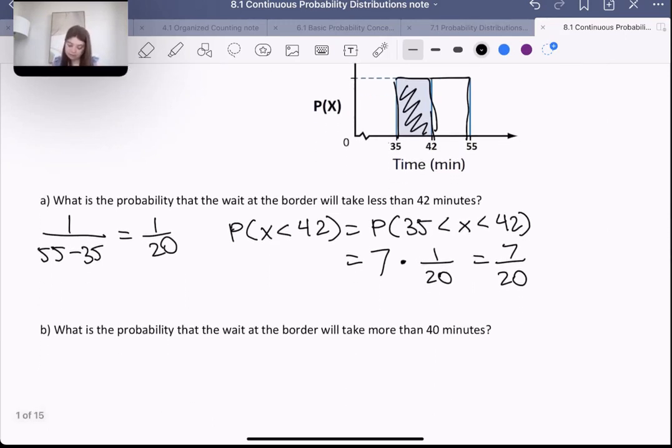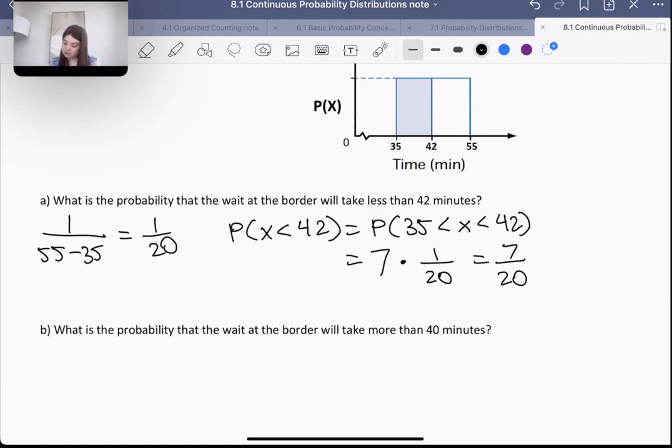Good. Now they're asking, what is the probability that the wait at the border will take more than 40 minutes? Well, we know it's all equal between 35 and 55.